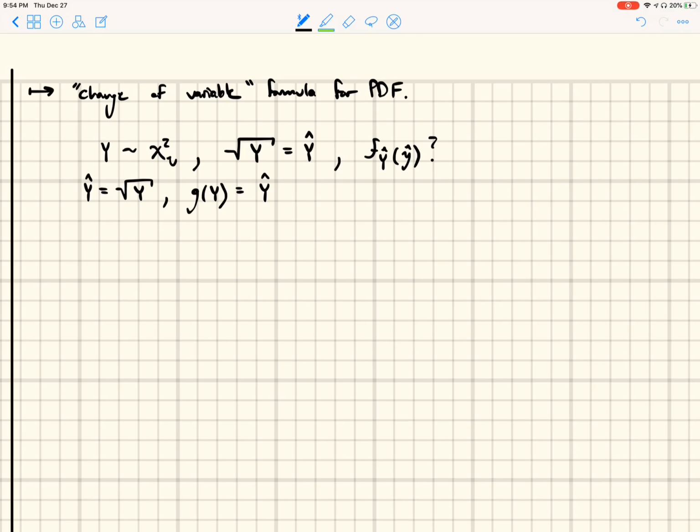And our formula says the new distribution is equal to the absolute value of the derivative with respect to y hat of the inverse transformation multiplied by the old distribution evaluated at this inverse value.